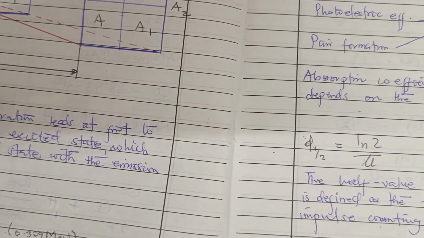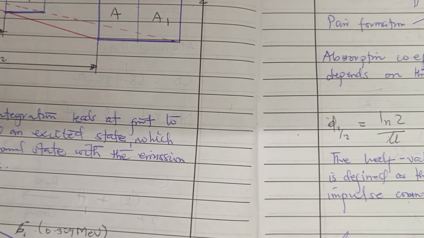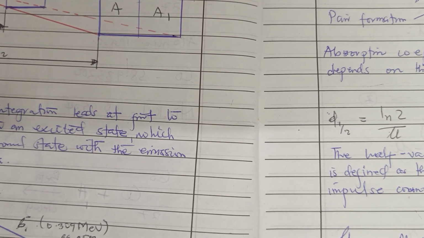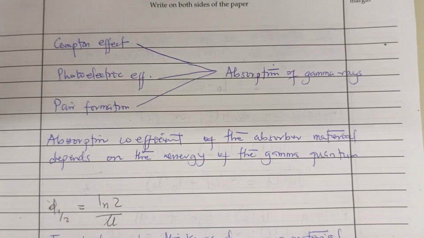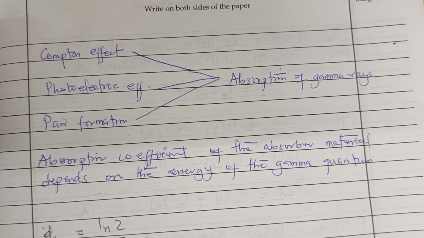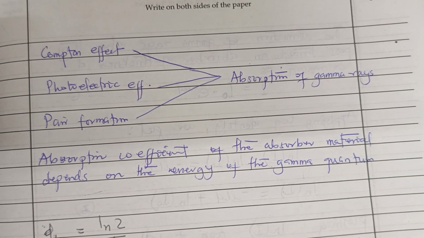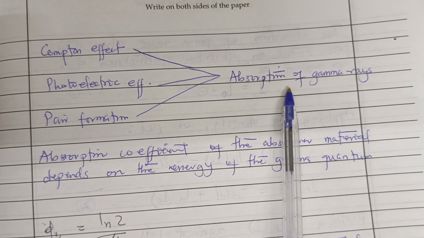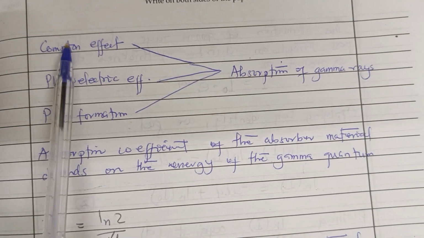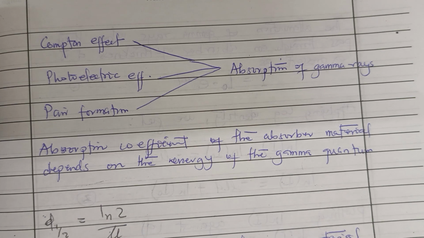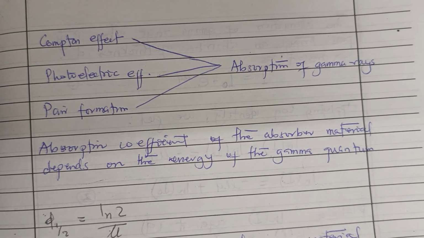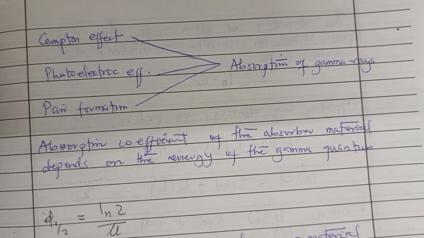Now for absorption to take place, it depends on 3 effects: the Compton effect, the photoelectric effect, and pair formation. So for absorption of gamma rays to happen, it depends on these three things.